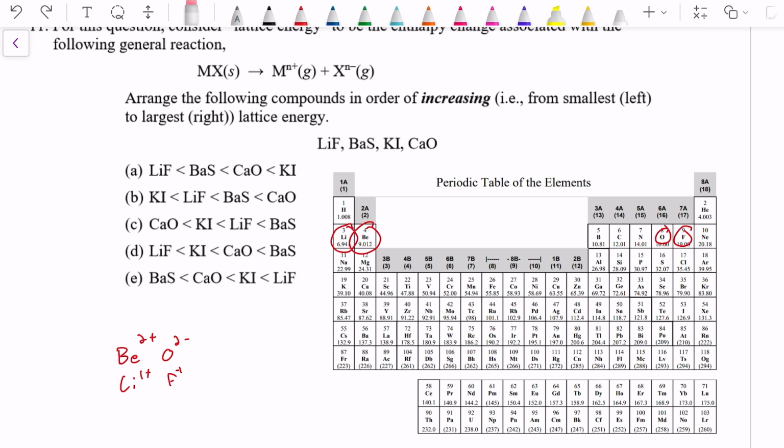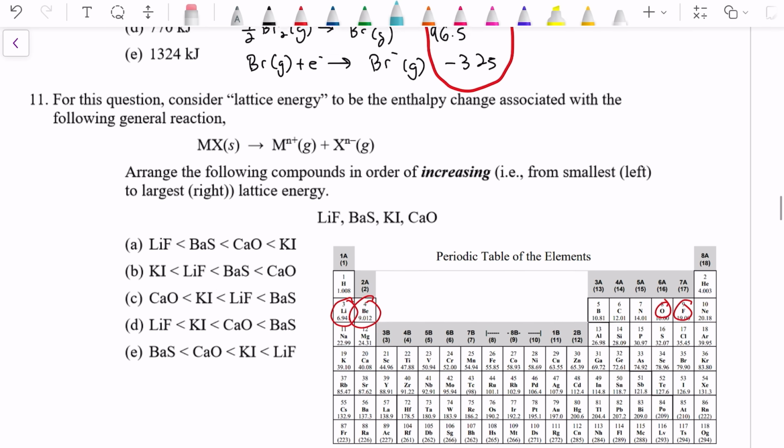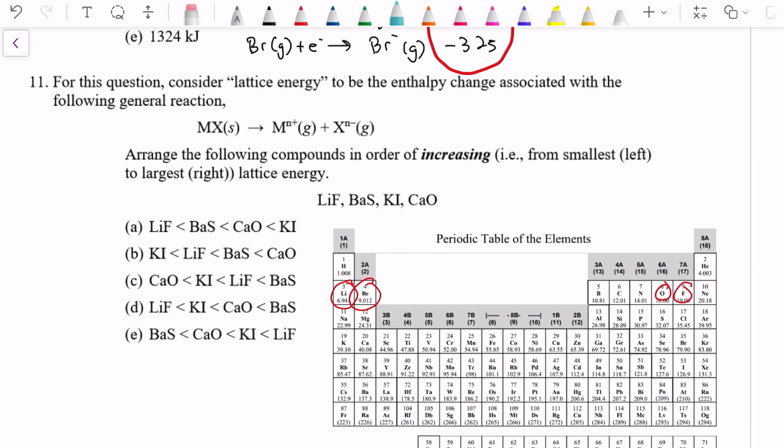If it is a greater charge between the ions, it'll be much greater. Second thing is atoms with higher electronegativities will have greater lattice energies. So, like, one's generally up in this region. Anyways, those two rules should be enough to solve this.